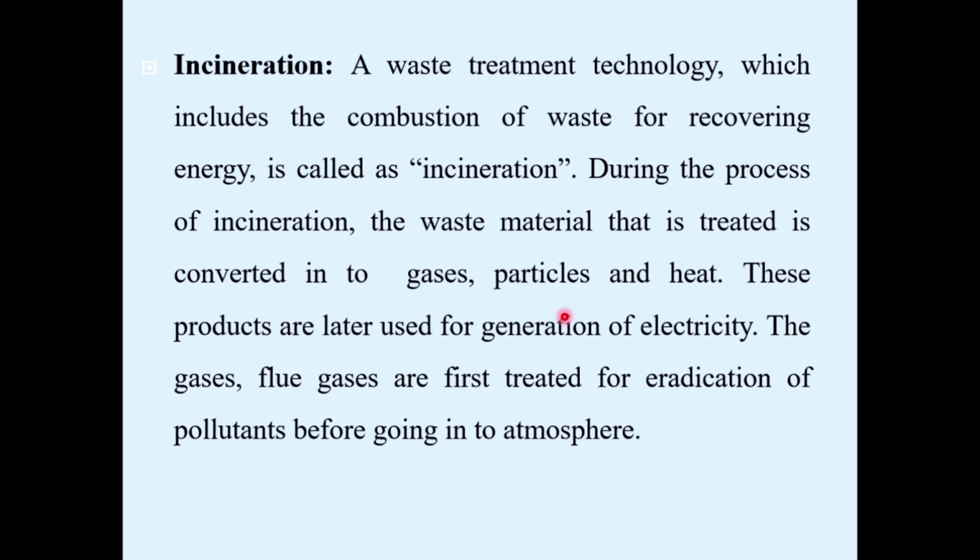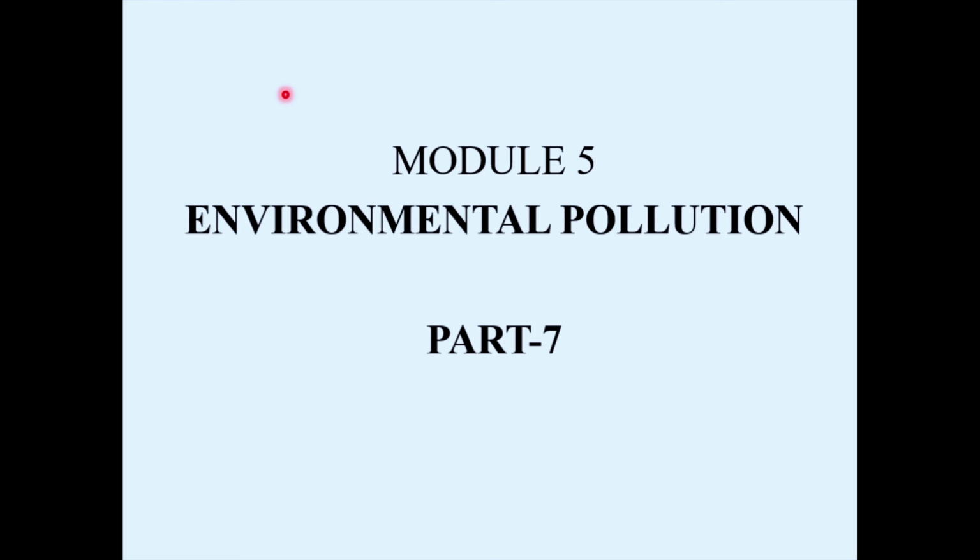Hence the air in this area will be pure. So that is called the incineration process. See here, the flue gases, all poisonous gases, can be removed from the incinerator by attaching the smokestack to the incinerator. This process is called incineration. It is a way of producing energy from the waste.